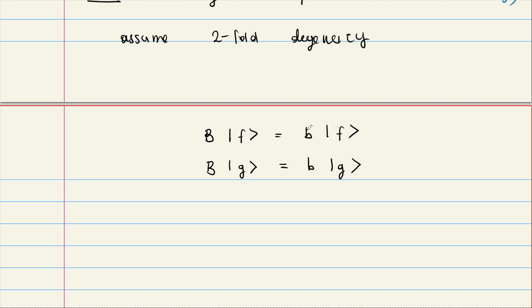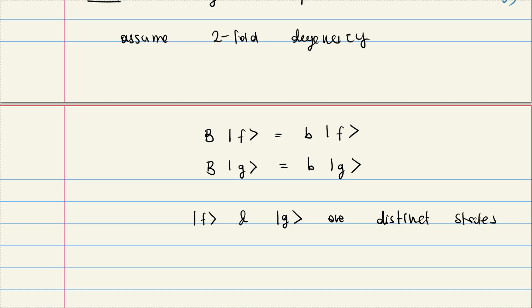You can see that they have the same eigenvalue b, but F and G are distinct states. So that's the meaning of degeneracy.